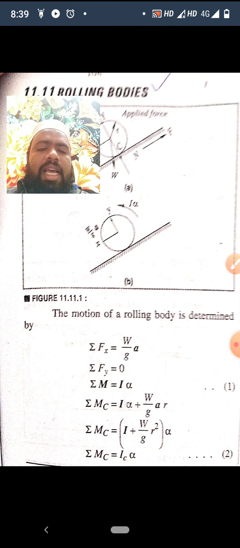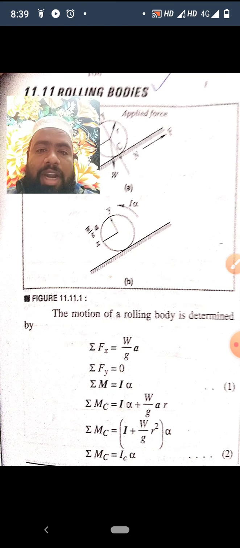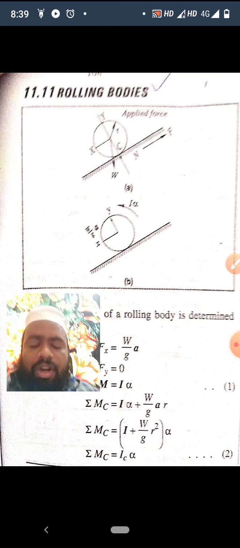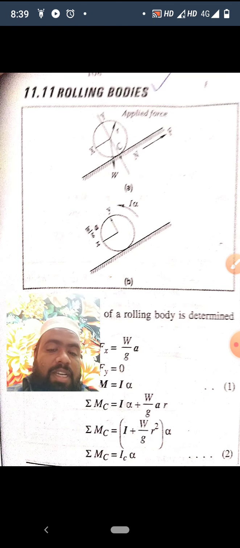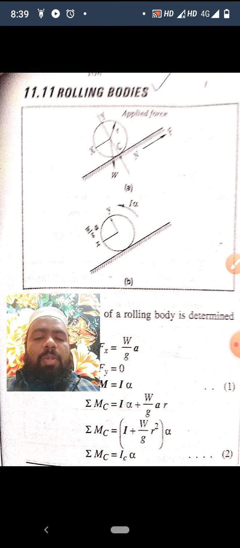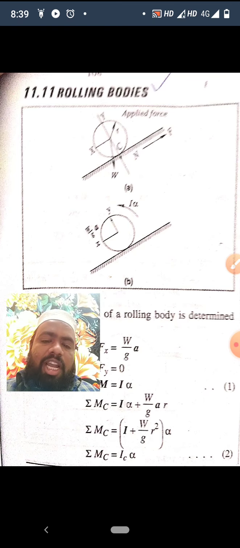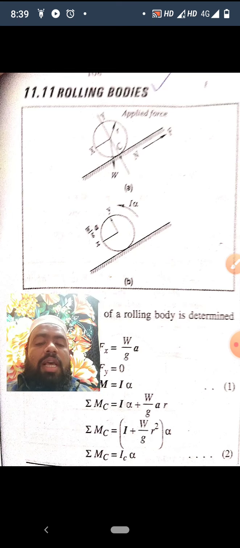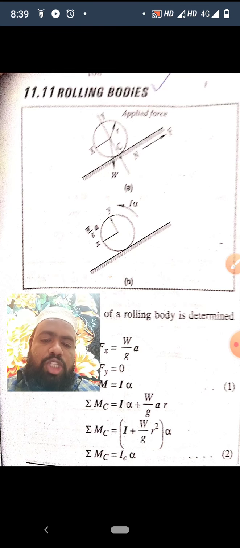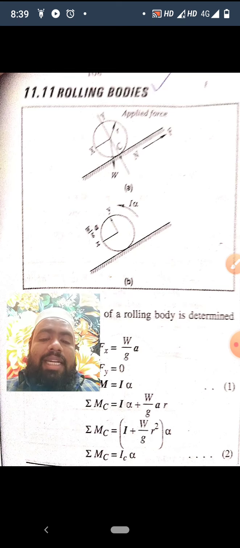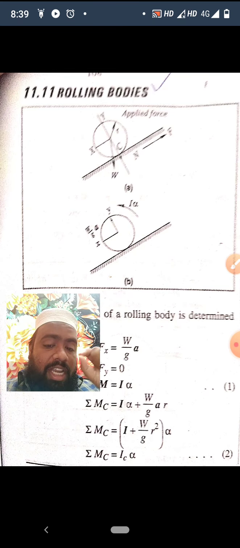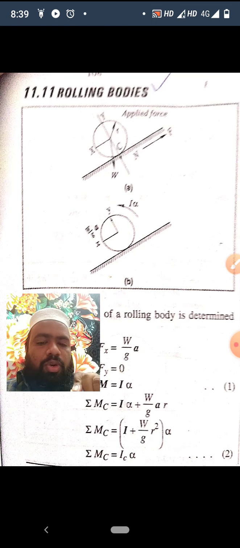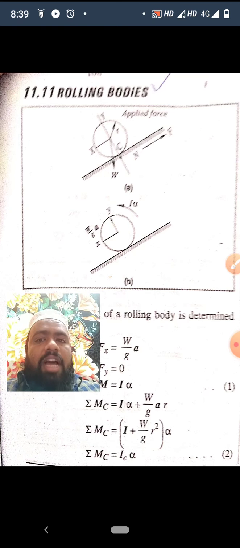So finally, the algebraic sum of the moments about point C. Now here, for finding moment we must consider a point. I already told you moment must be considered about a point, because for finding moment we know the formula: force into perpendicular distance. Force means the force which is responsible for the motion of the body, and the distance is the distance from the body's rotational point, the point about which the body is rotating, to the line of action of the force.